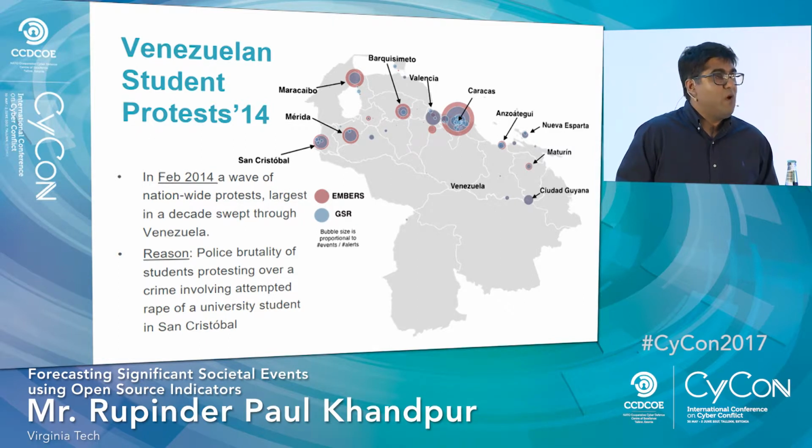You'll see how well EMBERS as a system has captured the geographical spread of these protests, which started in San Cristobal from one key event, and that protest mushroomed into a wide variety of reasons and then spread across the country.